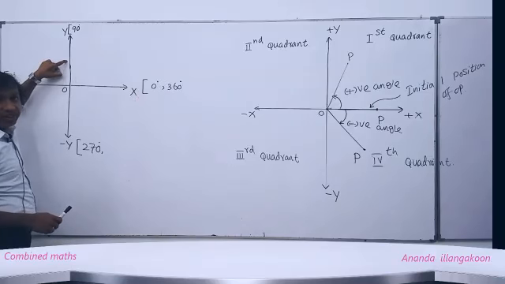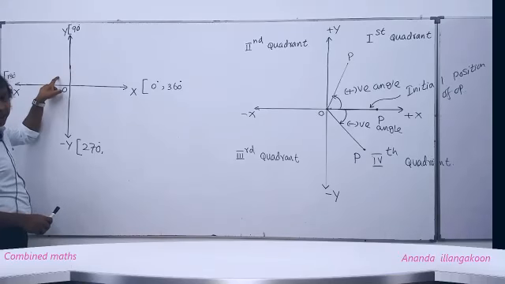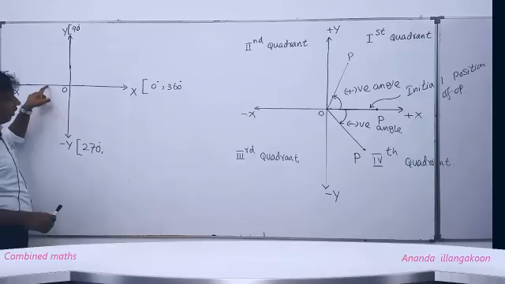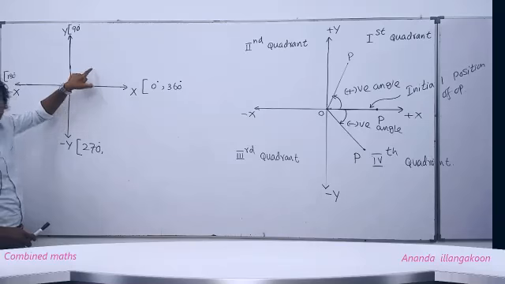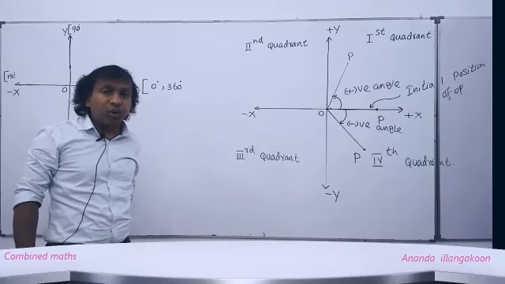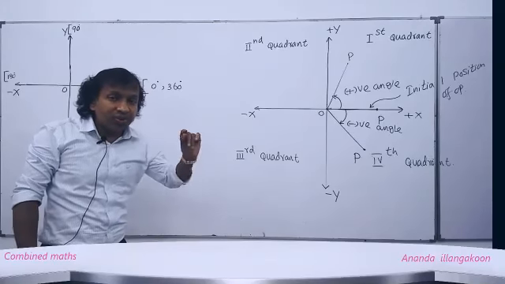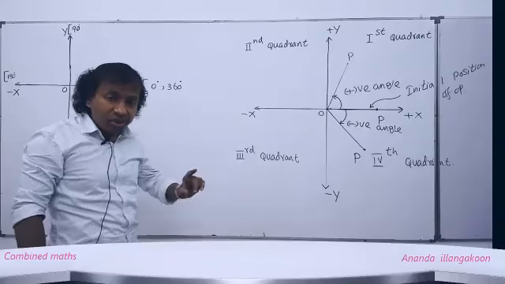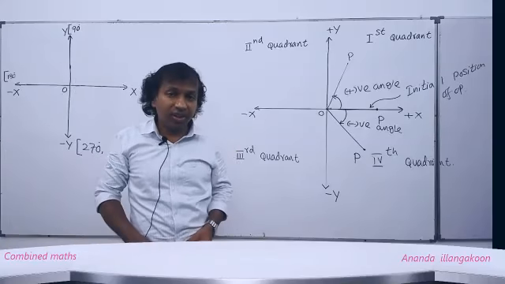Then we get 450. And when it comes to the negative x-axis, that 450 and another 90, 540. Then it comes to the positive x-axis again. Then 2 rounds this OP has completed. Then the total angle this OP has turned through is 360 multiplied by 2, 360 plus 360, that means 720.